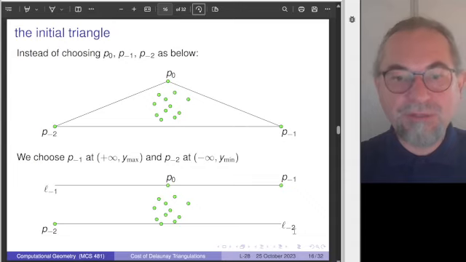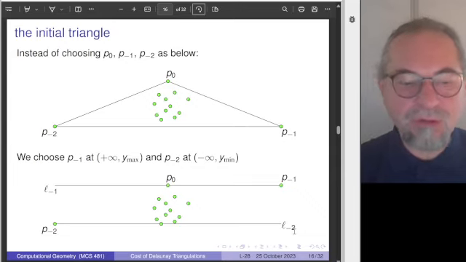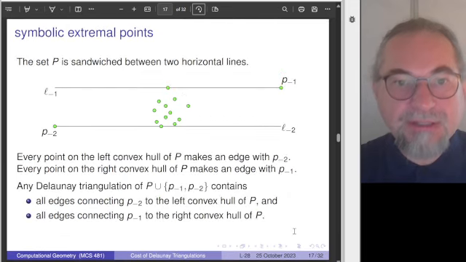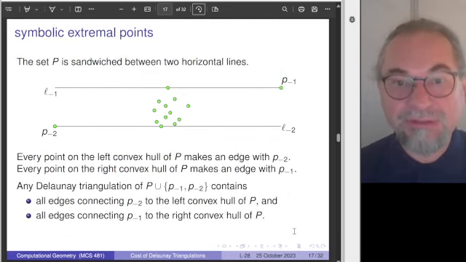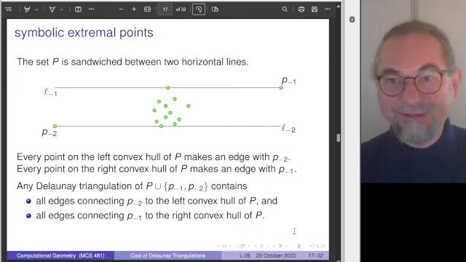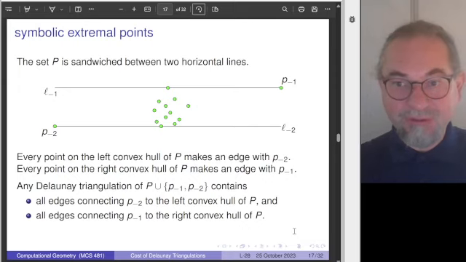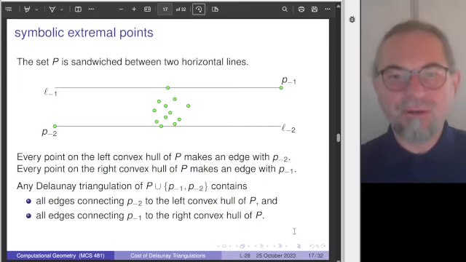What we will do is consider these two vertices, p minus 1 and p minus 2, to replace the initial triangle, and we can even deal with these points symbolically. We started the scores with the left hull and the right hull, or actually the lower hull and the upper hull.